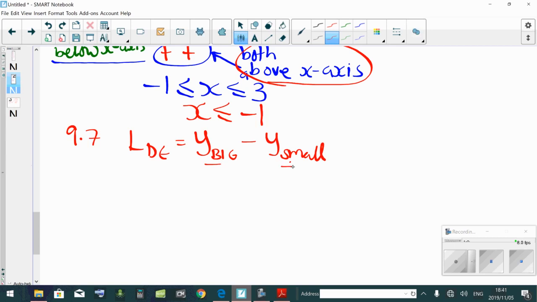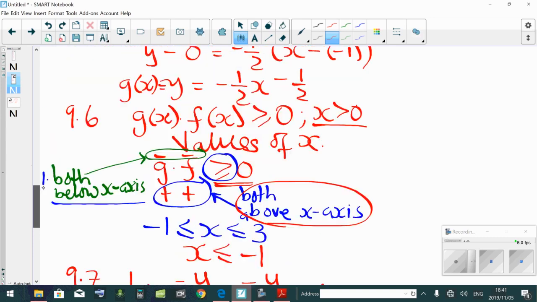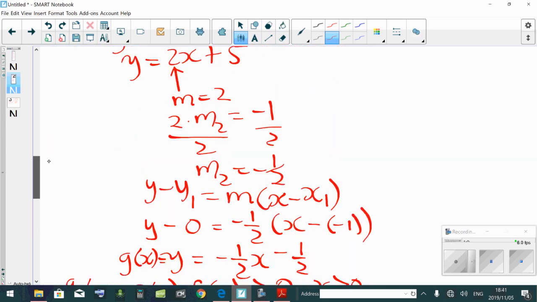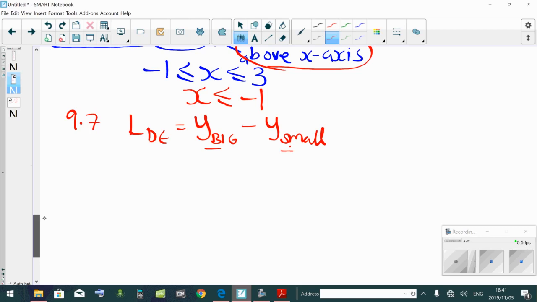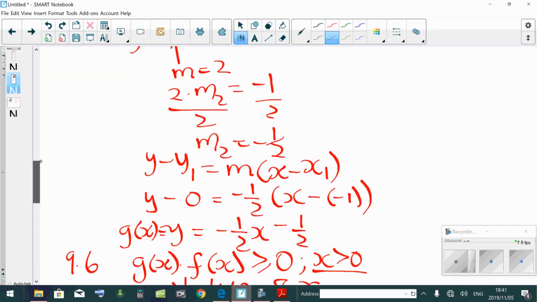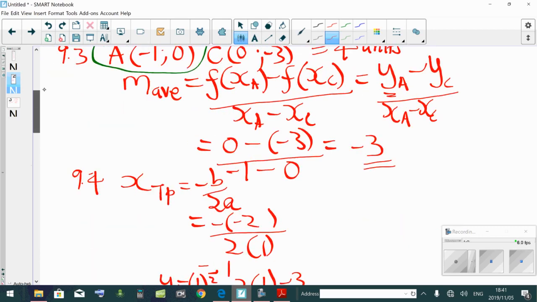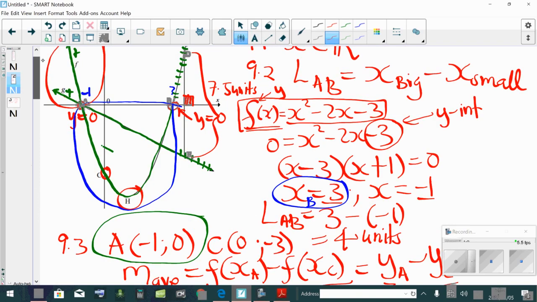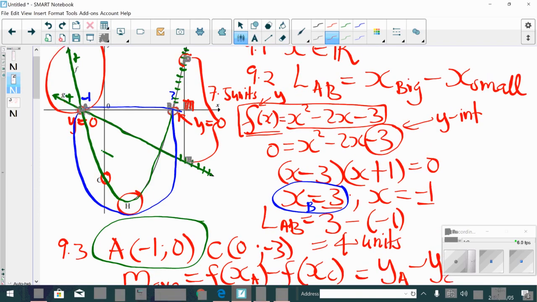However, we know that y big represents the function f and y small represents the function g. Let me just show you for a moment. This is our y big, which is at D, and y small, which is at E. Now if you notice, D is on f, while E is on g.